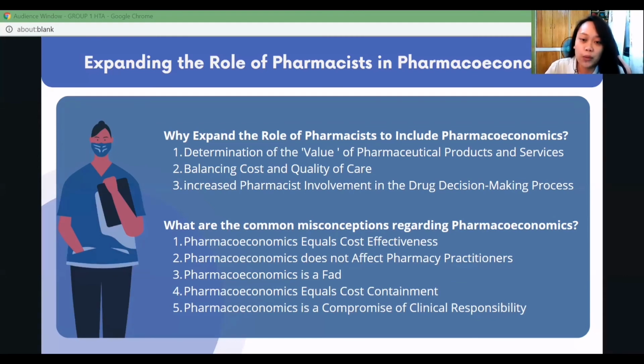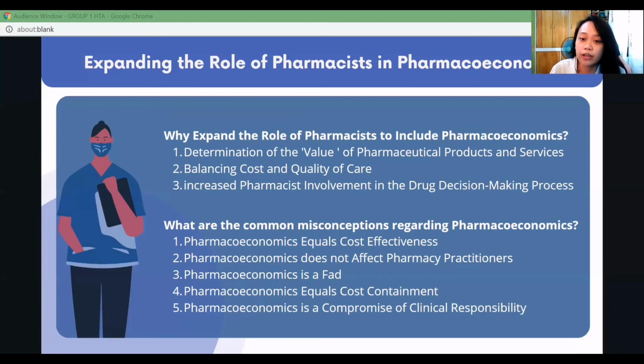So the potential role of pharmacists in pharmacoeconomics is significant, as all pharmacists can benefit from performing pharmacoeconomic research. And next is pharmacoeconomics is a fad. So meaning parang pharmacoeconomics is just a short-term goal or short-term activity na popular siya ngayon, and in the long run nag-fade siya.